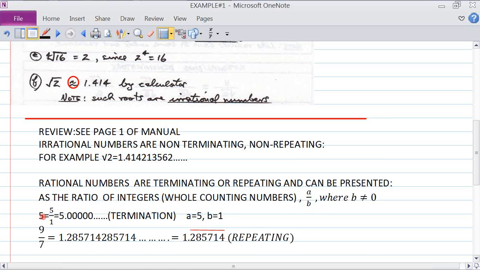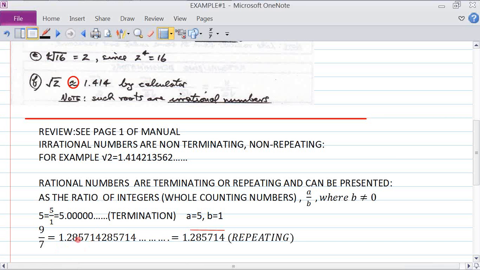For example, 5 is 5 over 1, which is really 5.000. The number terminates here, so that's a rational number. In this case, we have the ratio of integers again, like we did over here. These are integers. Take 9 over 7. In this case, the number doesn't terminate, but it repeats.